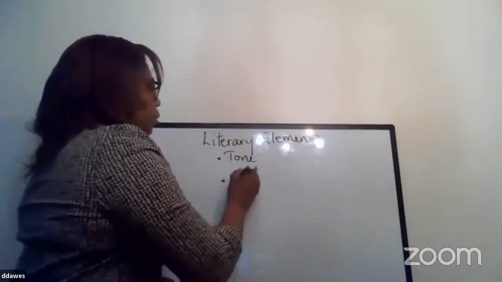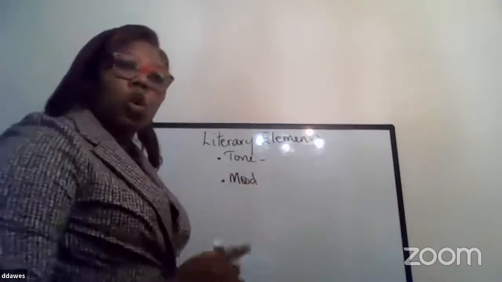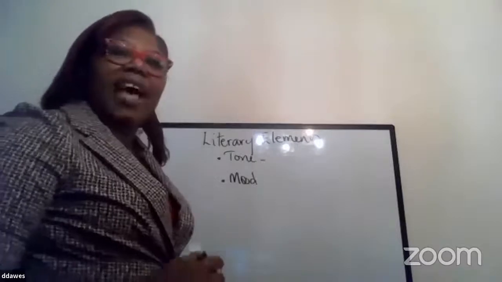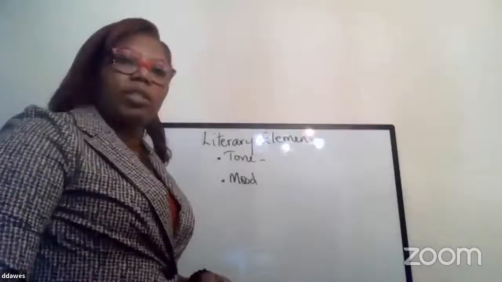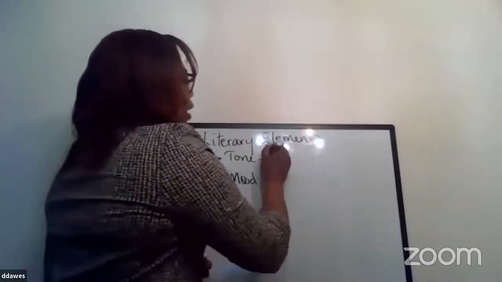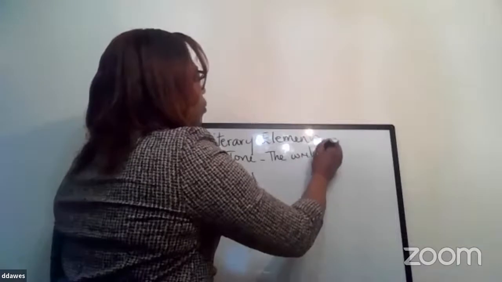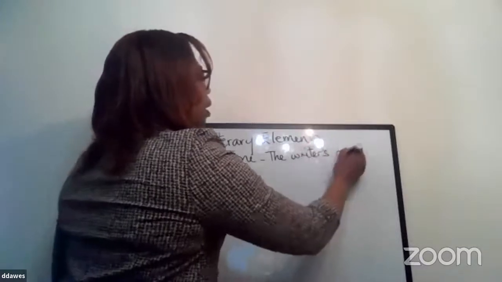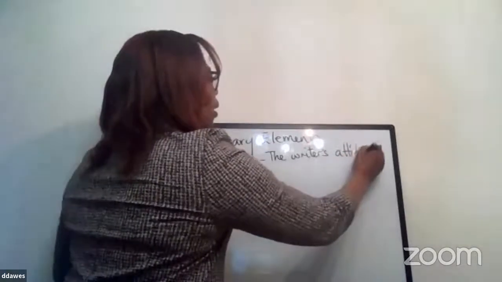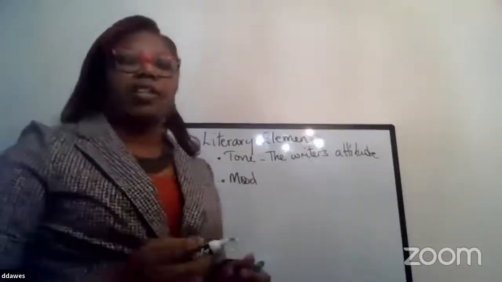The other one is mood. So tone is the writer's attitude towards a subject or an individual. Okay? The writer's attitude. So let's just leave it at the writer's attitude.